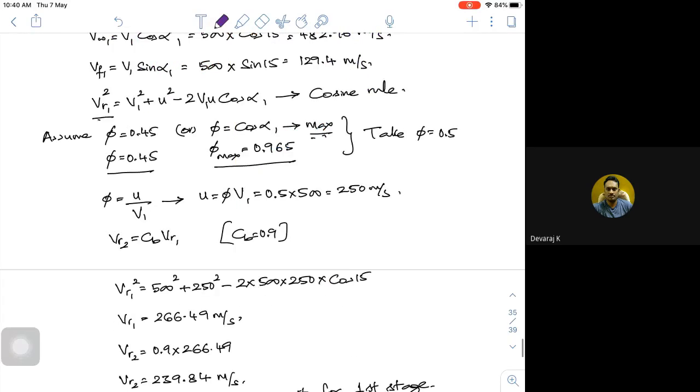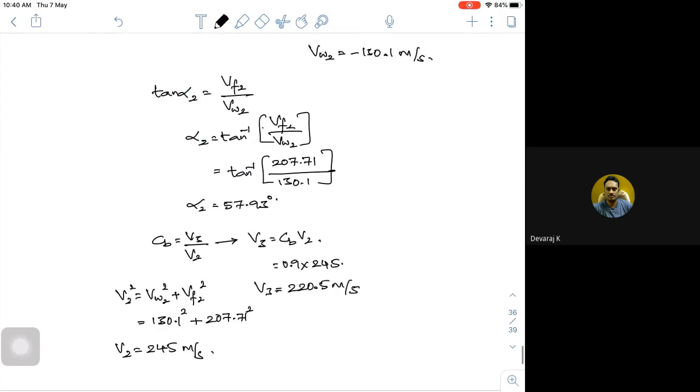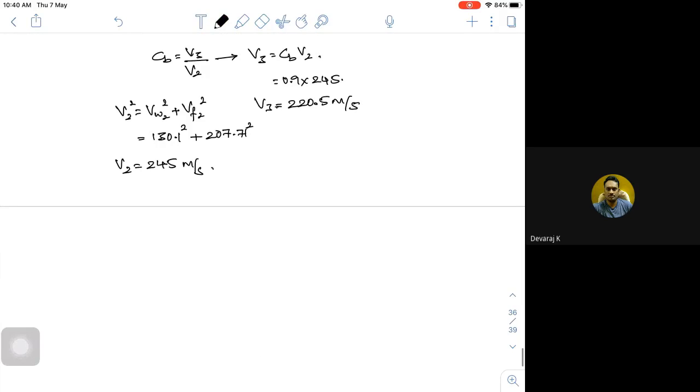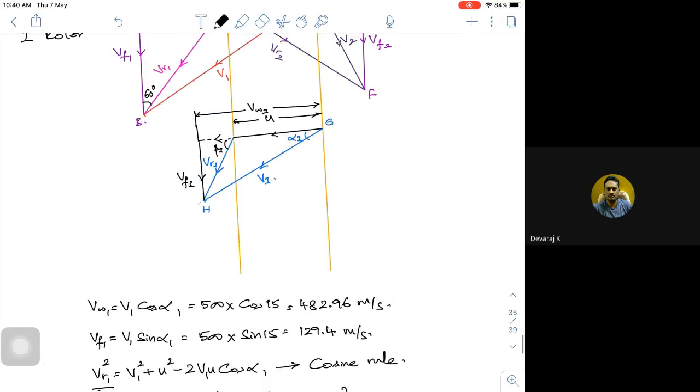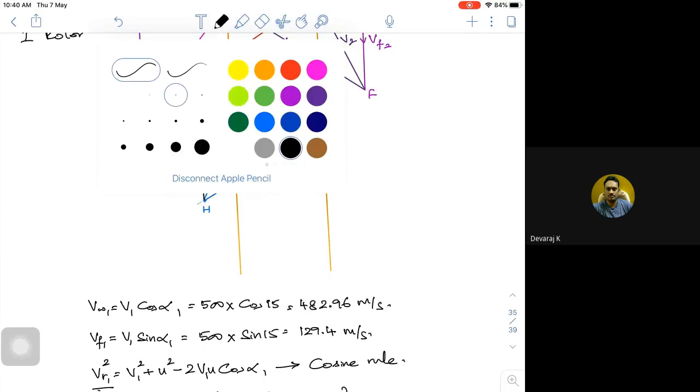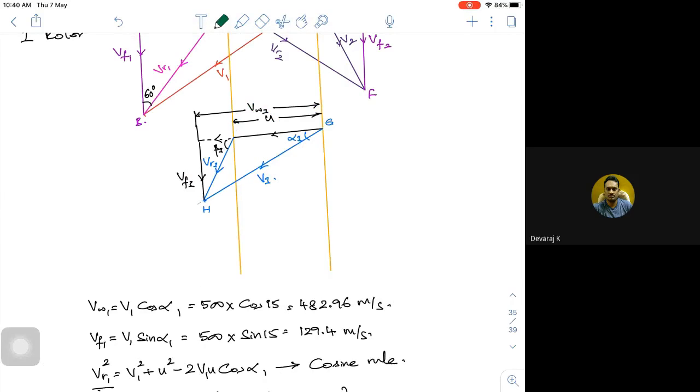So VR4 is 0.9 times of VR3, and you take an angle equal to the same beta 3.